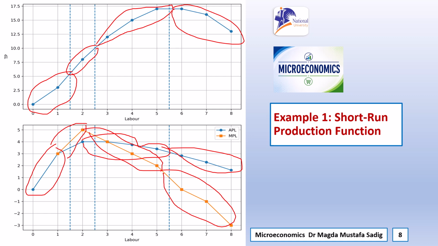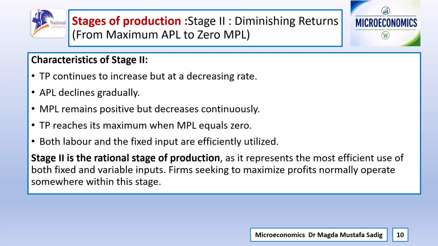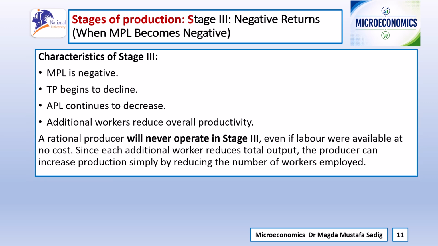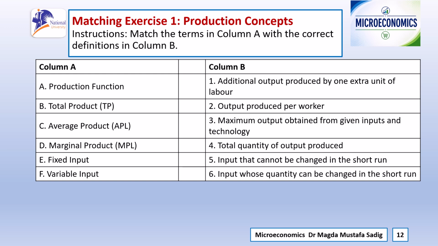Workers begin interfering with one another. Productivity falls. Even if labor were free, no rational producer would continue operating in this stage, because reducing labor would actually increase production. So this is the explanation for these slides.